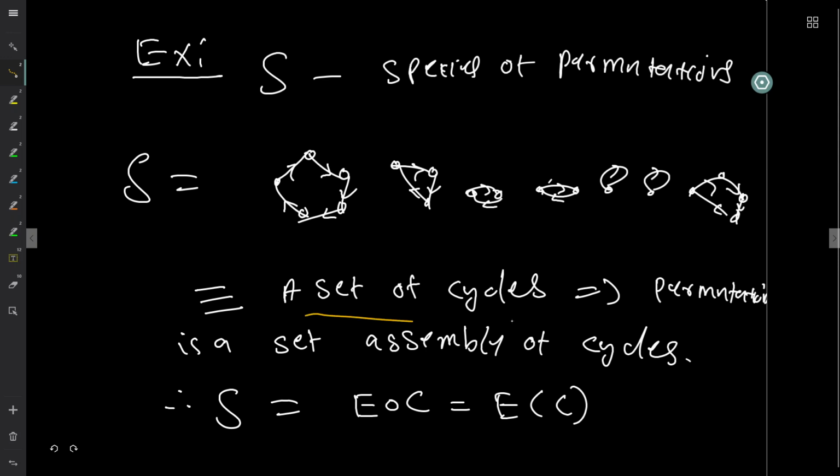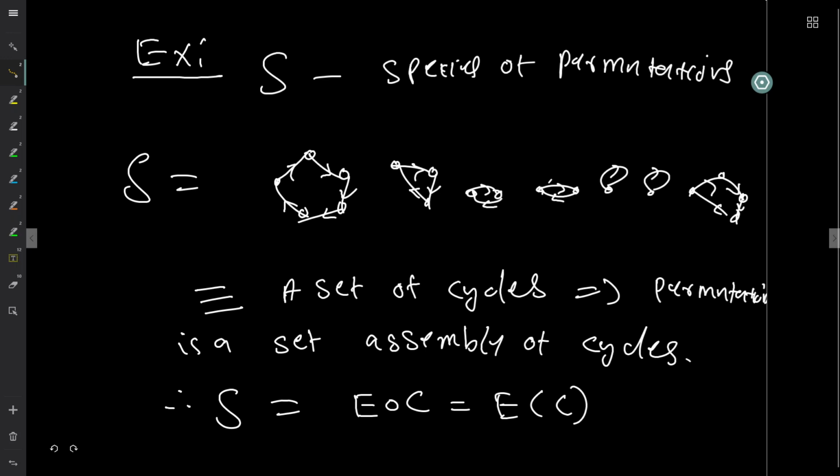So a permutation is a set assembly of cycles, because you take the set, you partition it, put a cycle structure on each part, and put them together, and you get a permutation. That is precisely what a permutation is. And putting them together means that you're forming a set of these. So basically it's a set assembly of cycles. Therefore S is equal to E composition C, which is equal to E of C.